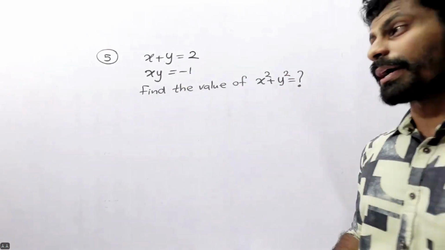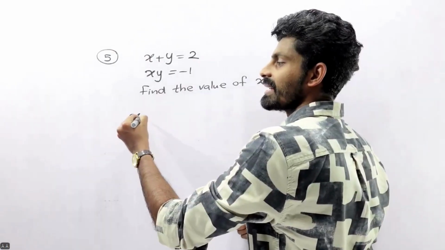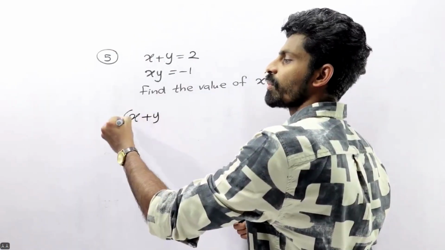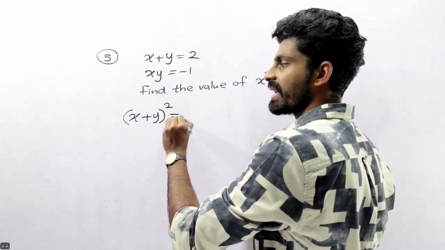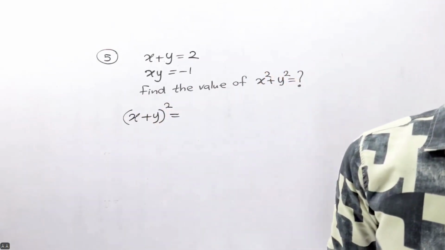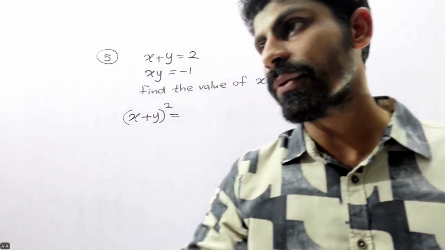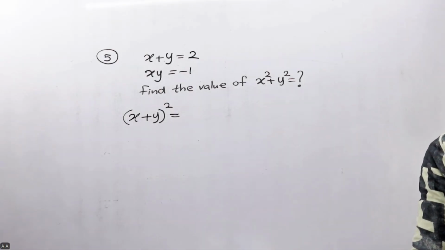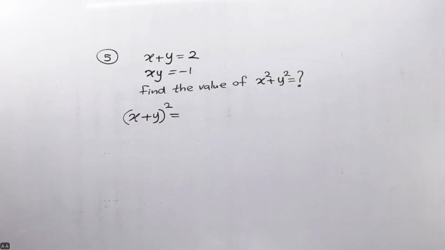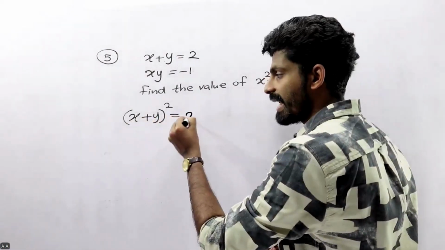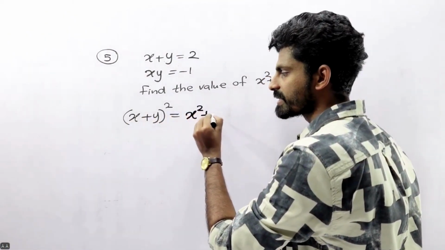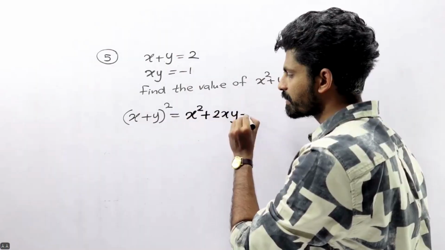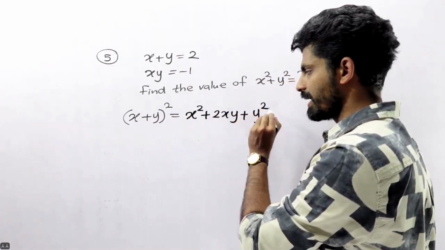Very common question, very easy question. So I'm taking x plus y full squared. x plus y full squared equals, what is the value? x squared plus 2xy plus y squared.